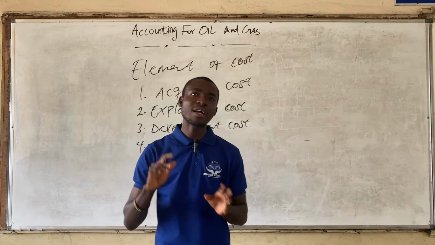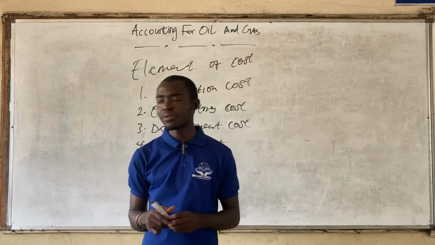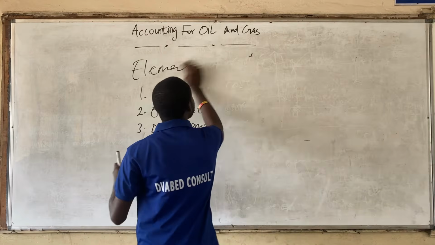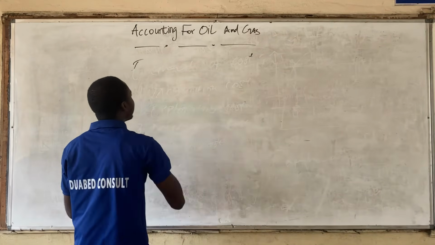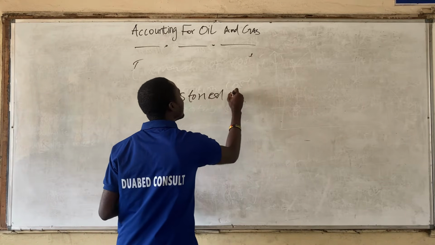So when it comes to accounting for oil and gas, we use the historical cost principle. That's the historical cost principle.